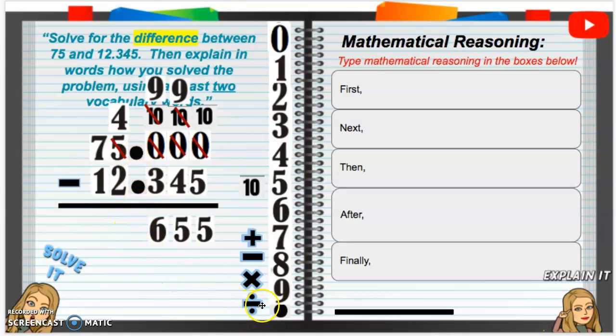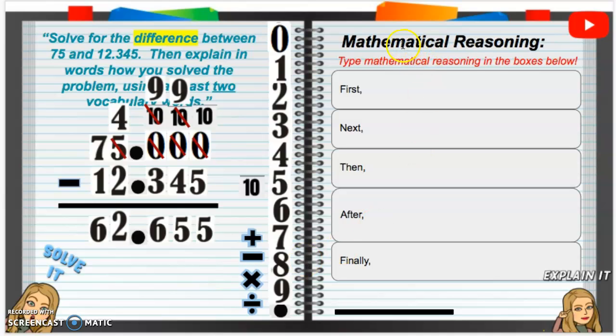Drop it low, or drop it like it's hot. Now 4 minus 2 is going to be 2. 7 minus 1 is going to be 6. So our answer is going to be 62 and 655 thousandths.